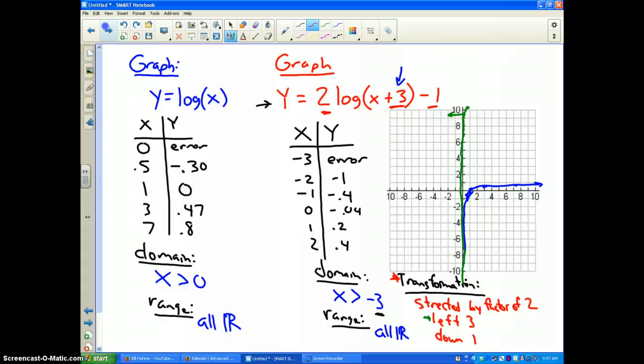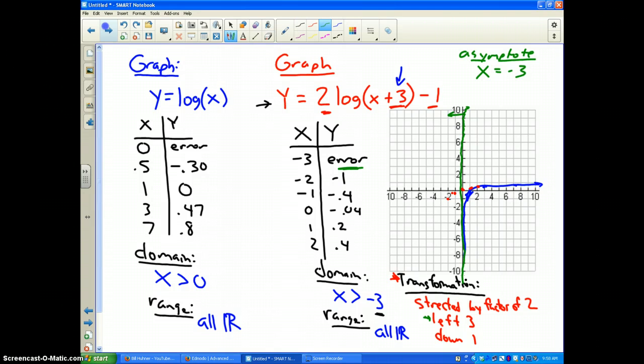So I'm going to graph this one in red. Negative 3 is the error. Negative 2, negative 1 is right there. Negative 1, negative 0.4 is about right there. 0, and now we're in the positives just barely. At 1, 0.2, it's going to be about right there. And 2, 0.4, it's going to kind of overlap our other one. Now, again, since I cannot pick negative 3, the asymptote for this graph is the line x equals negative 3.